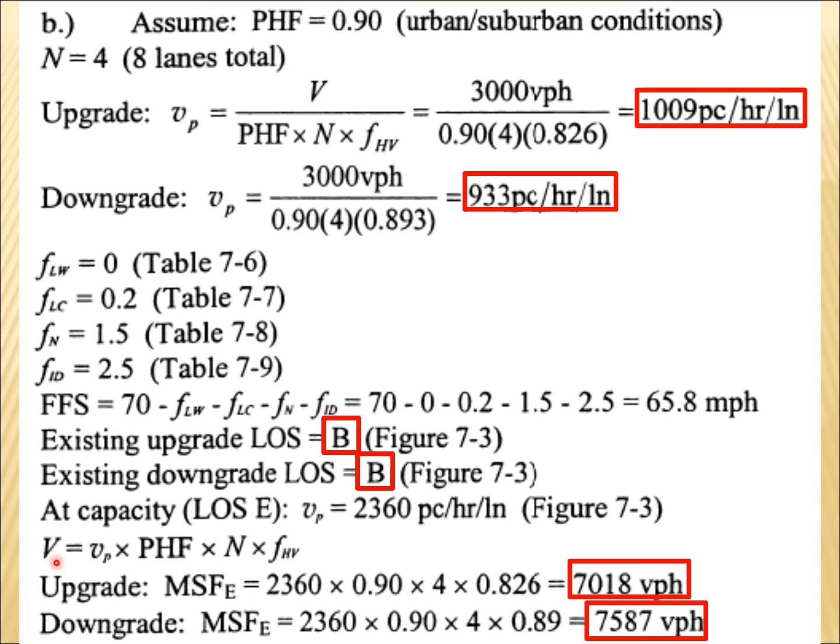So by using this for the upgrade case, maximum service flow corresponding to level of service E is coming equal to 7018 vehicles per hour, and in the case of downgrade, maximum service flow corresponding to level of service E is coming 7587 vehicles per hour.